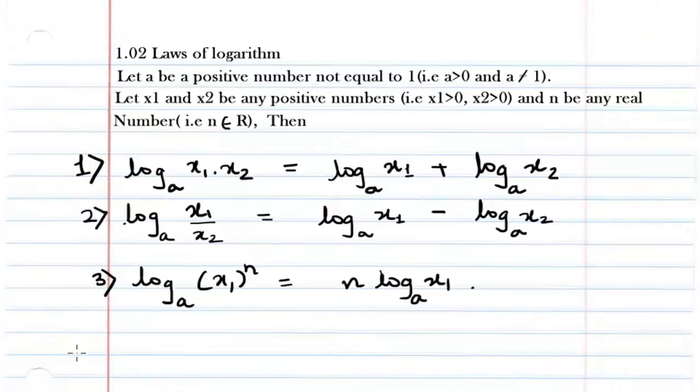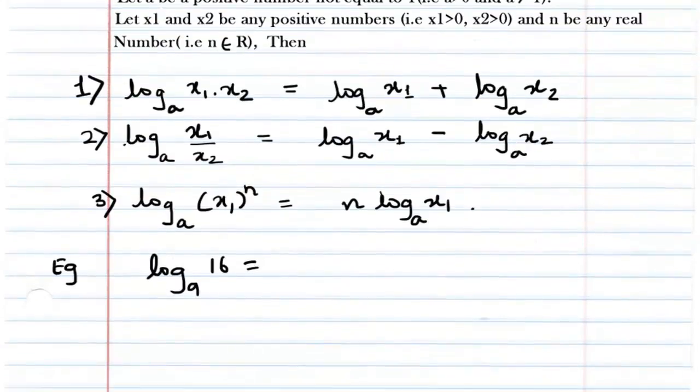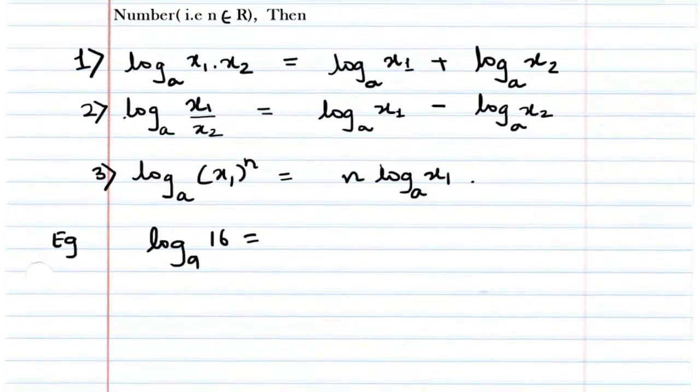Now we'll try some examples on the corollary that we studied. For example, log of 16 to the base 9. We know that 9 is the square of 3.